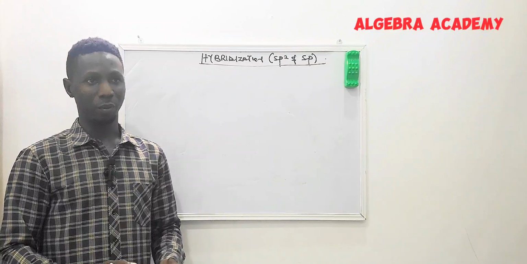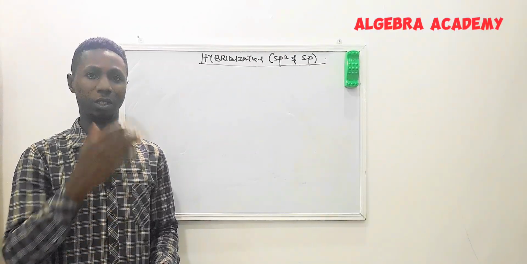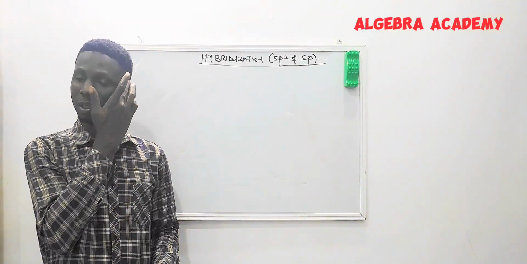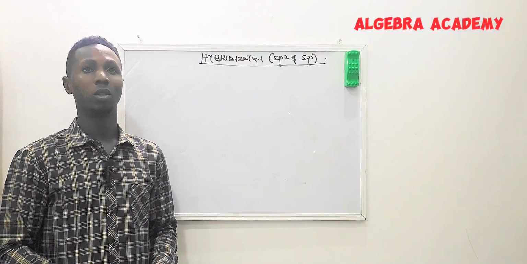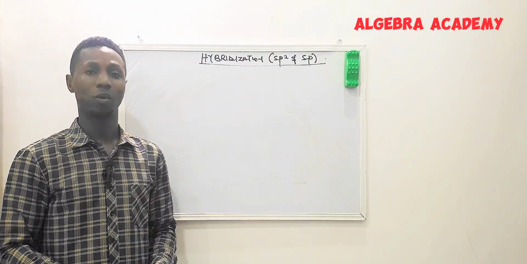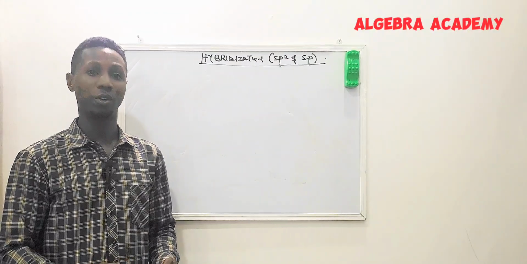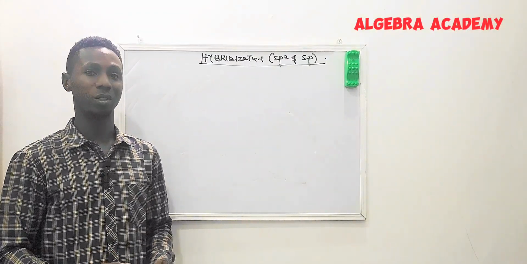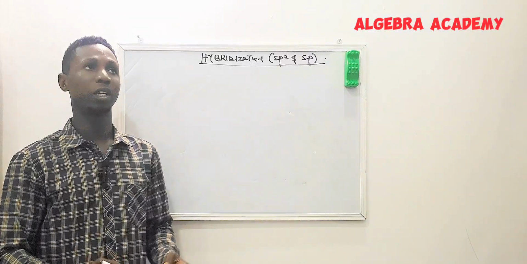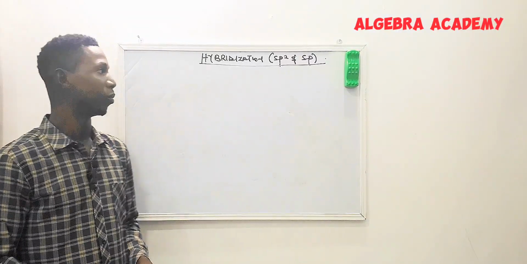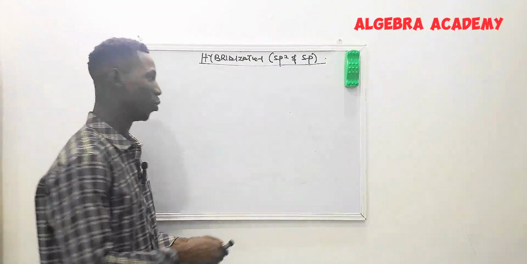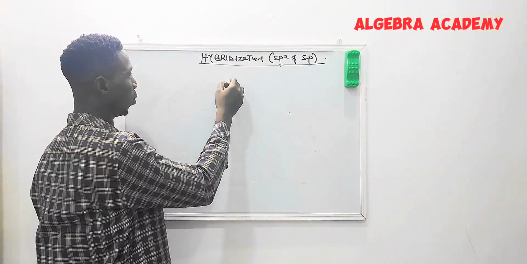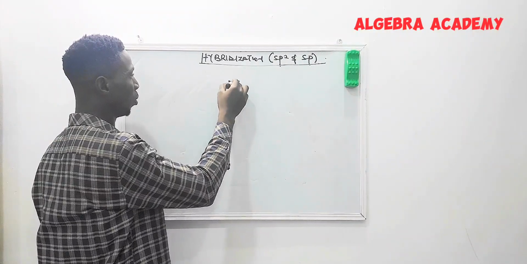There, you remember vividly, we said hybridization involves the mixing or blending of orbitals of the same principal quantum number to form hybrid orbitals, and that's just hybridization. We were able to check the hybridization of carbon and how it is formed.